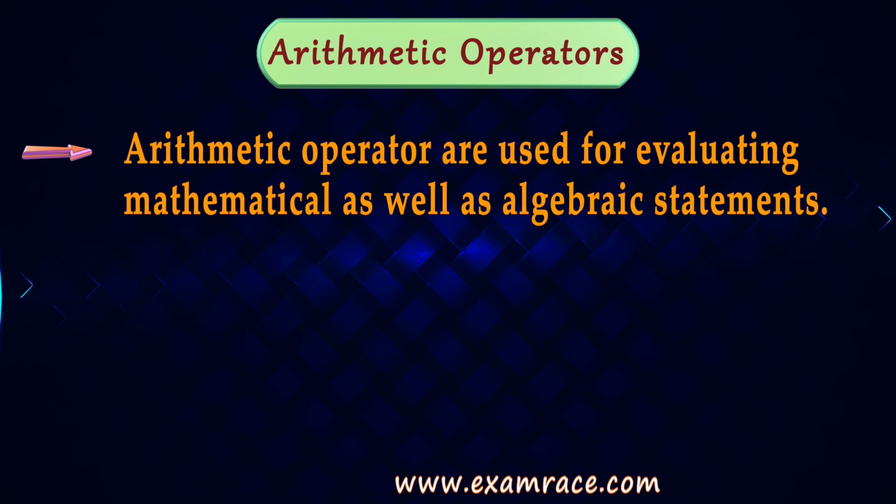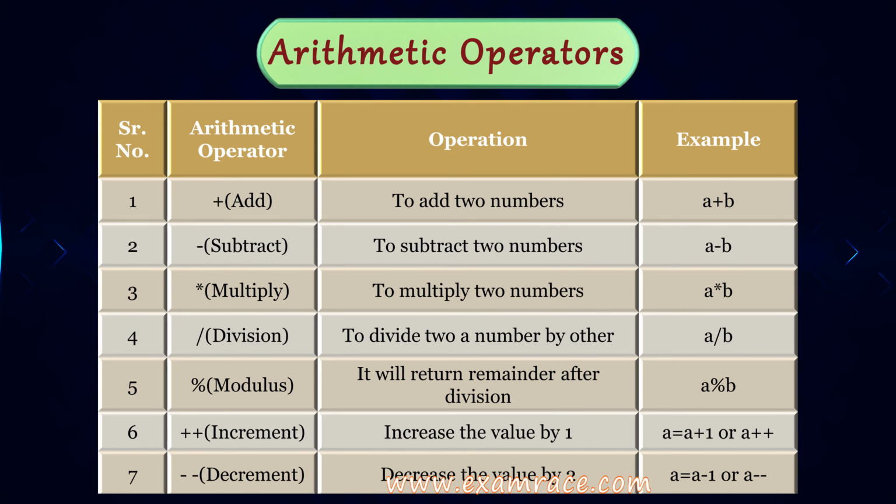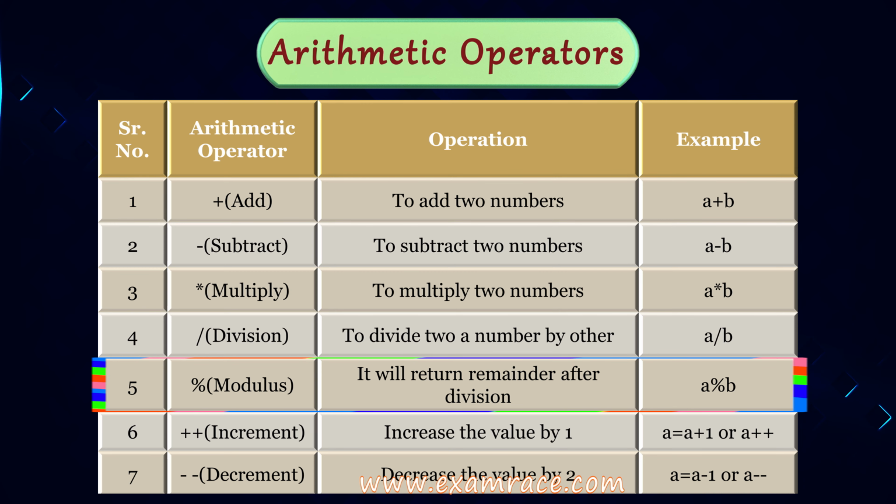So arithmetic operators are plus, minus, multiply, then division. Then we are having modulus also. Modulus means that it will provide us the remainder as output after performing division of the two numbers.